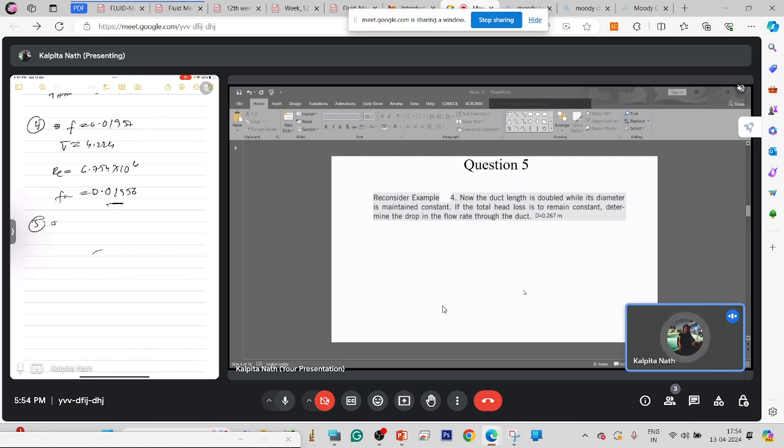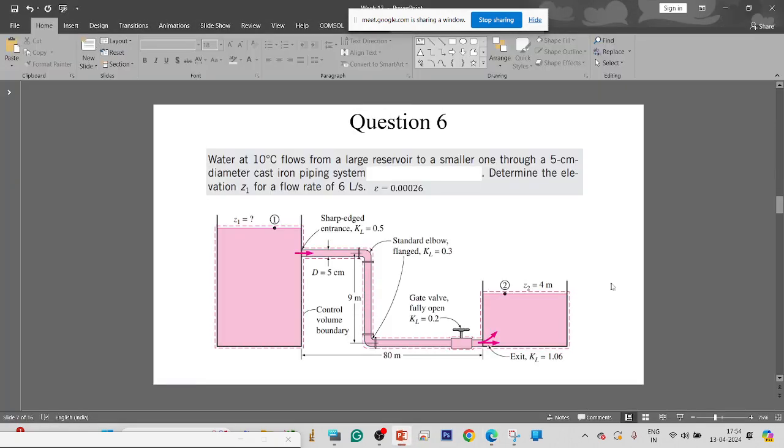Now let's proceed to the next question. It says that water at 10 degrees Celsius flows from a large reservoir to a small reservoir through a 5 centimeter diameter cast iron pipe system. We need to determine the elevation Z1 for a flow rate of 6 liters per second.